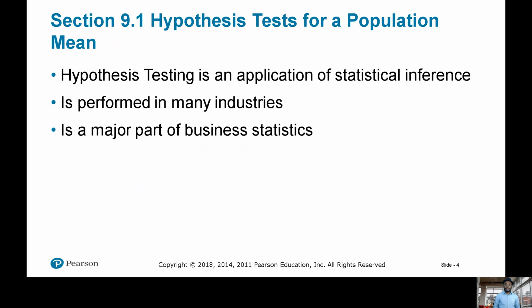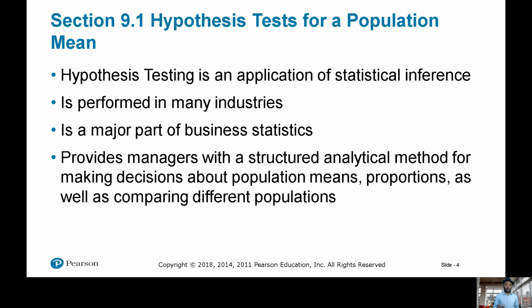So we'll look at several examples today. Hypothesis testing provides managers with a structured analytical method for making decisions about population means, proportions, as well as comparing different populations as well.